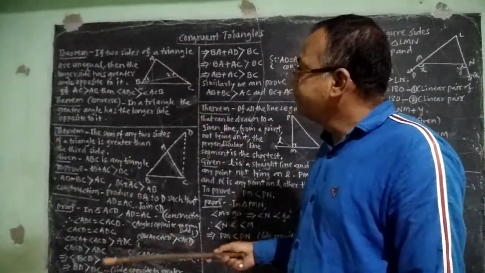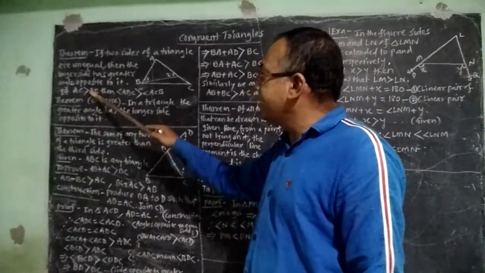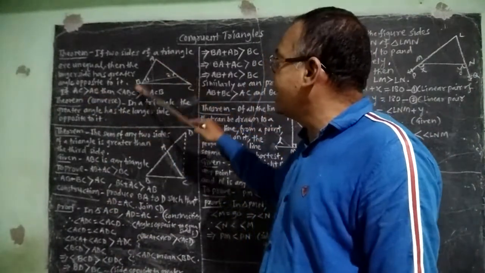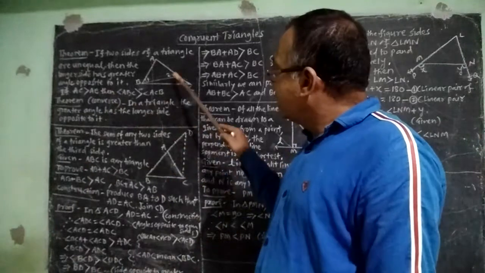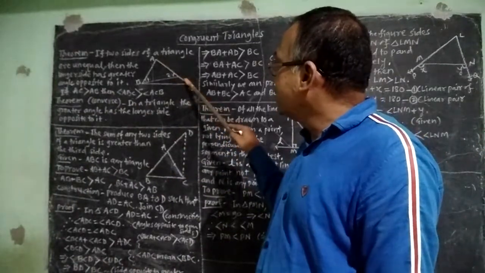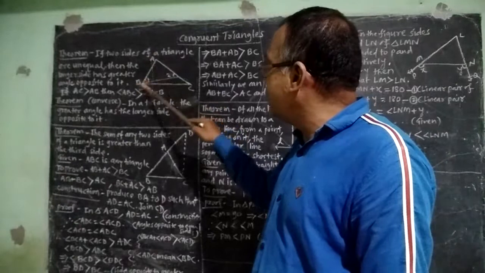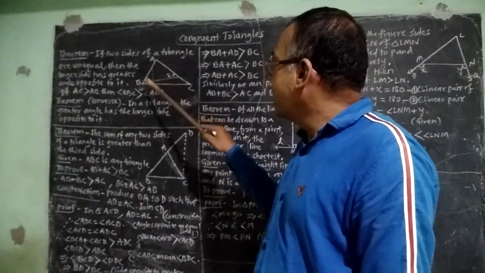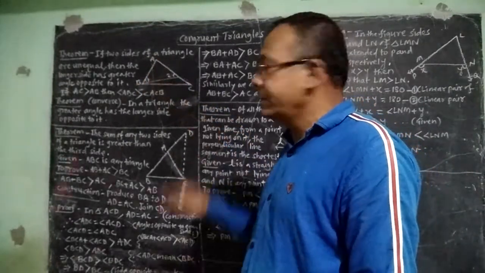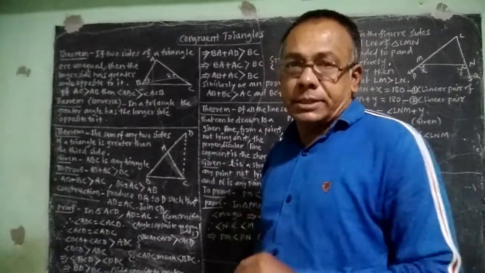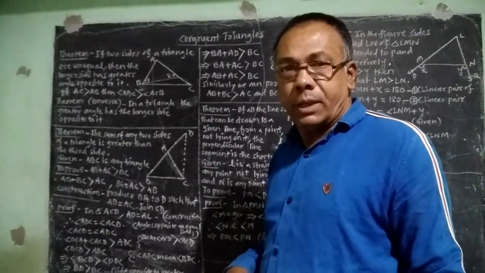So here if AC is greater than AB, then the angle opposite to AC is greater, that is angle ABC is greater than angle ACB. And we have studied this theorem last time.